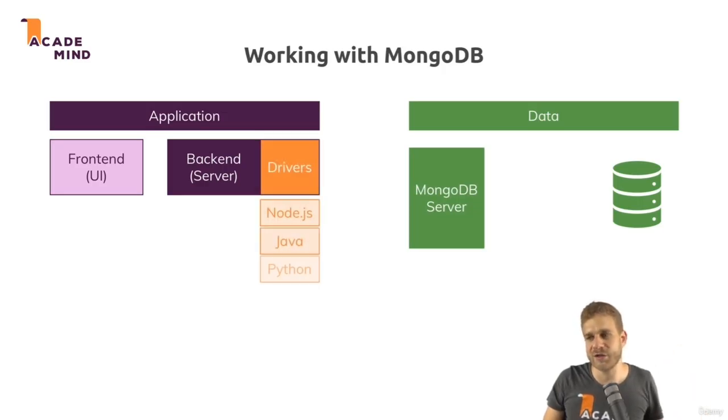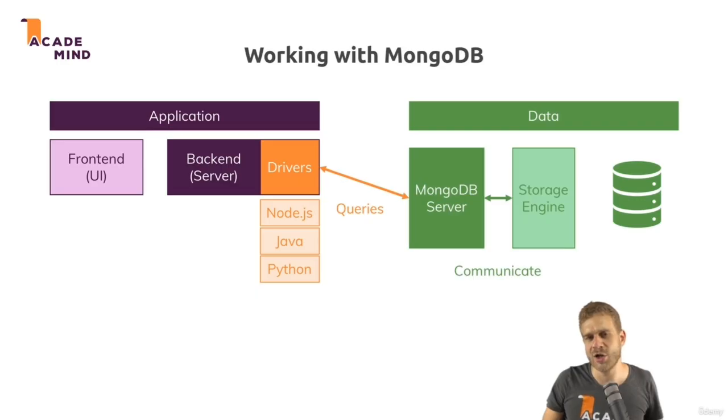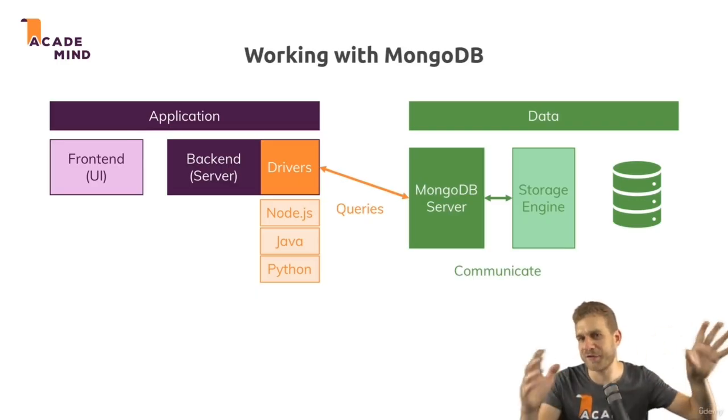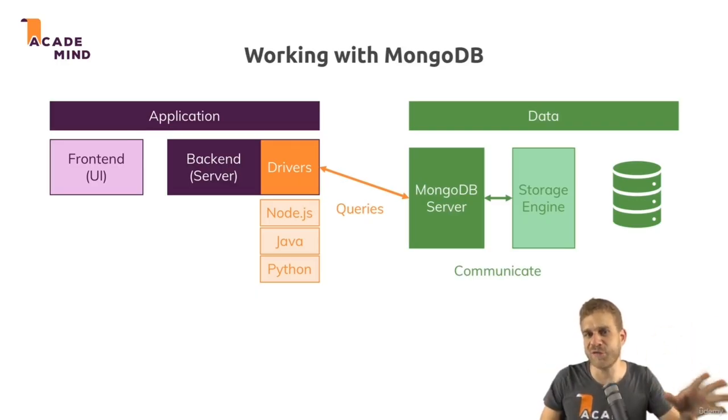you have these drivers for the different languages. Now the drivers will interact with the MongoDB server. The MongoDB server is what we start with the mongod command, by the way. Now the MongoDB server will actually not directly write the data into files, but talk to a so-called storage engine, which you could replace with your favorite storage engine, but the default one, called WiredTiger, is actually an awesome storage engine which allows you to efficiently work with your data, store it efficiently, and so on.